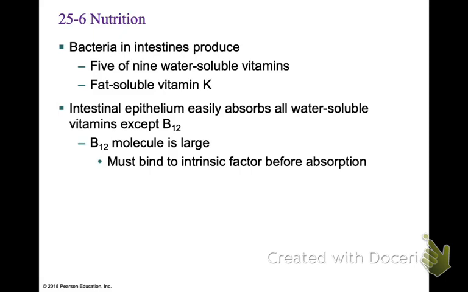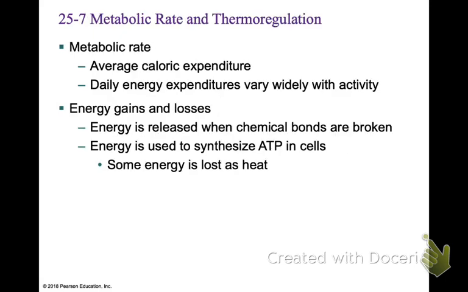So we secrete something called intrinsic factor. This comes from the parietal cells in the gastric glands of the stomach. It binds to the B12, protects it from being digested, and also promotes its absorption further down in the intestine. All right, so that's just a quick run through of the vitamins and minerals and the other nutrients.